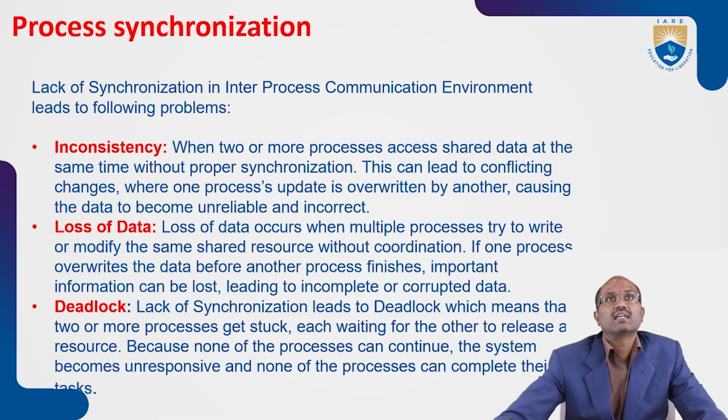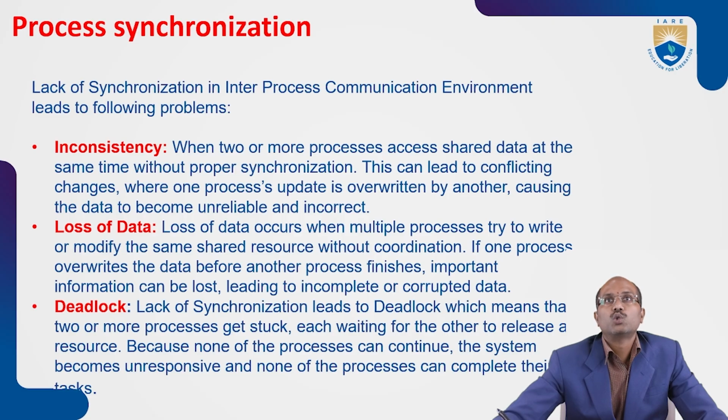Let me look at the lack of synchronization in an inter-process communication environment. Process synchronization is always in the environment of inter-process communication. The lack of it leads to the following problems: inconsistency, loss of data, and deadlock.